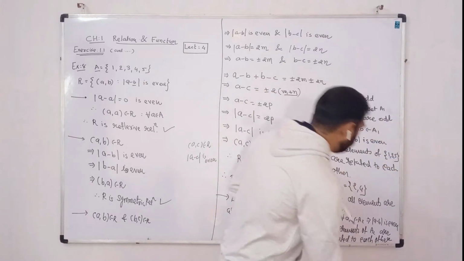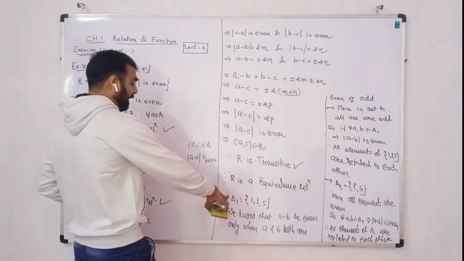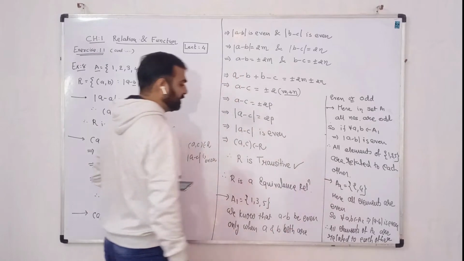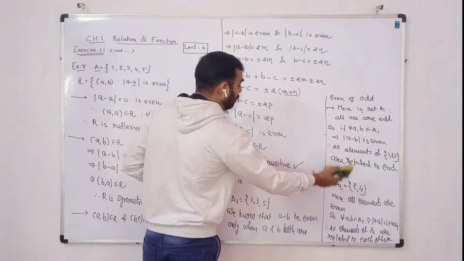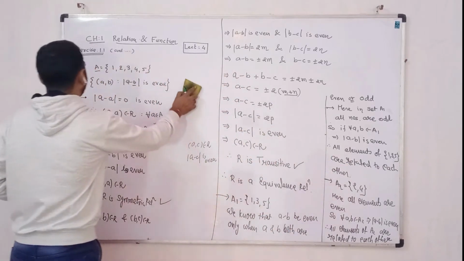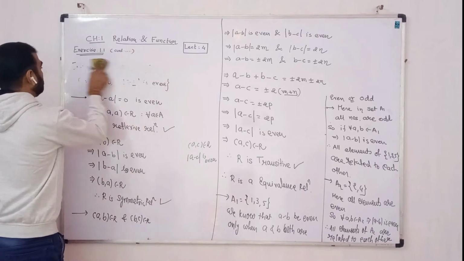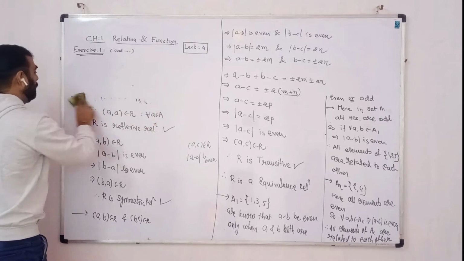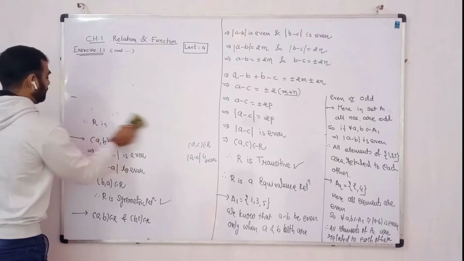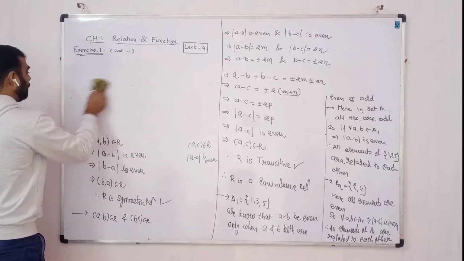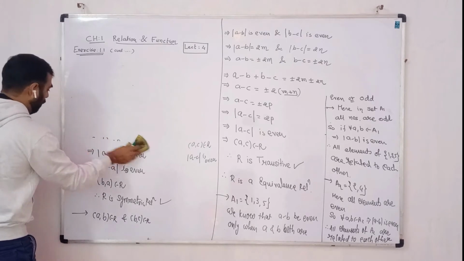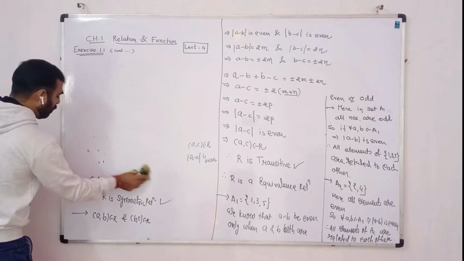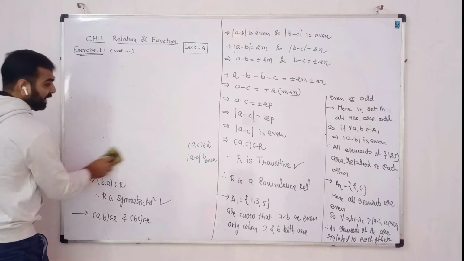Here, between A1 and A2, we have to see whether there is any relation between the elements of A1 and the elements of A2. So for that, what can we do? Subtraction is even when it is possible, if both are even or both are odd. We have to find out the relation between A1 and A2.